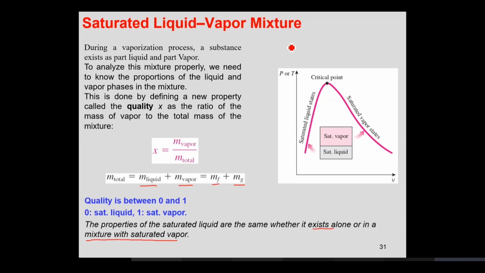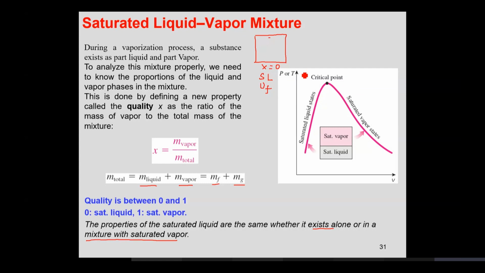Let's say I take a property, internal energy. I have x equals 0. That means I have saturated liquid. All of this container contains saturated liquid, and the internal energy of this saturated liquid is UF.